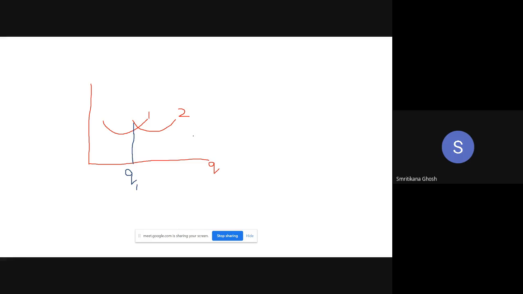As you can change your capital stock in the long run, you can change your technology. That means you can choose either SSC1 or SSC2. My question is, in the long run, if I am asking you to produce Q1, which technology will you choose, 1 or 2?